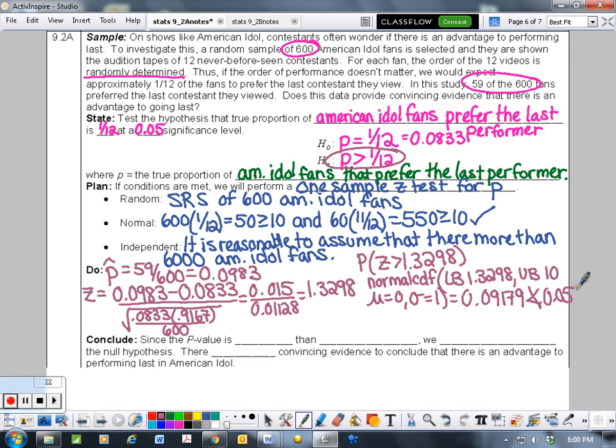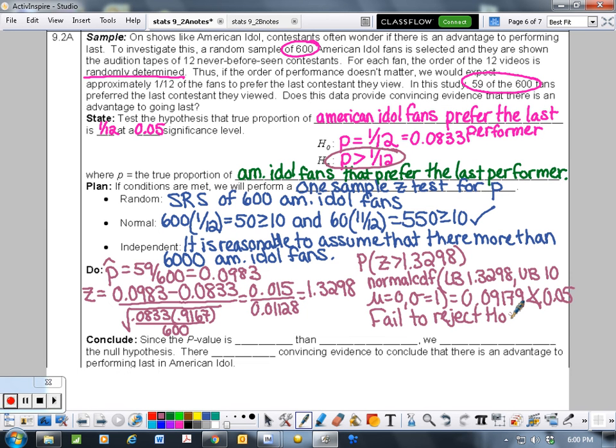which is not less than our significance level of 0.05, which means that we failed to reject because we failed that test. Helps if I spell reject correctly.